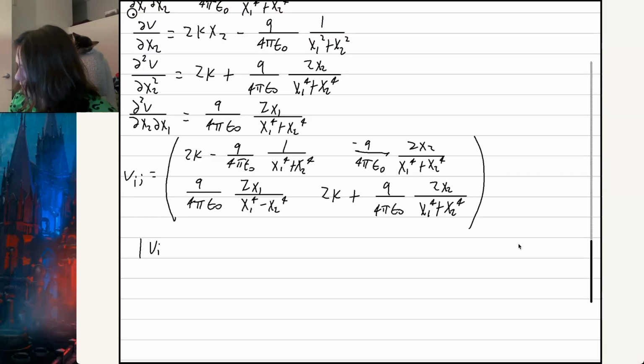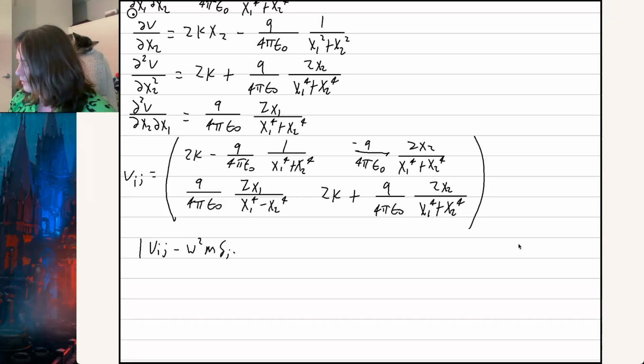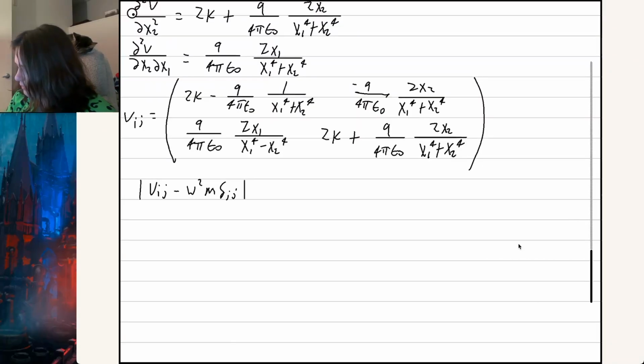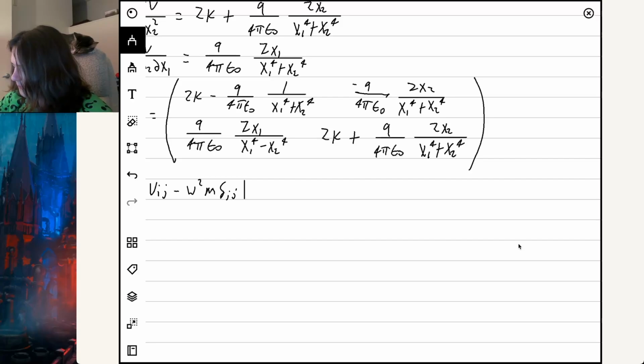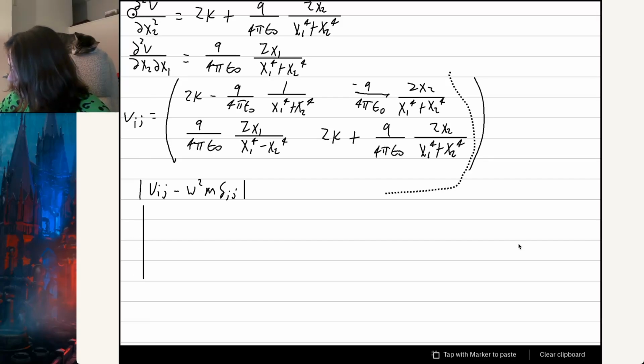Because remember, it's just the determinant of Vij minus omega squared m delta ij, which was what we determined was the kinetic energy tensor. So it's pretty much just going to be this same stuff again, but the diagonal terms are going to have a minus omega squared m. So I am just going to copy that over.